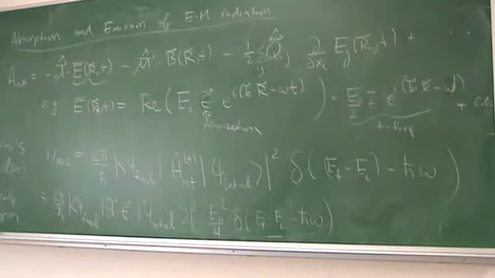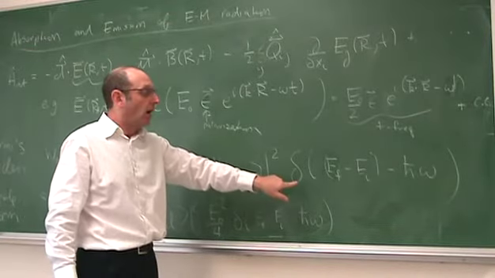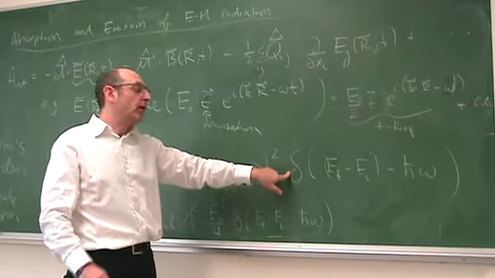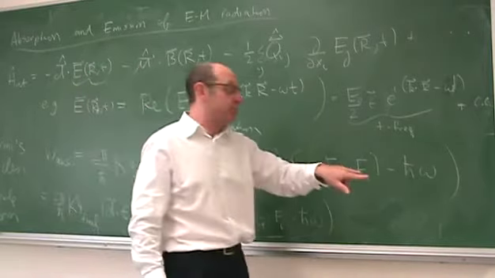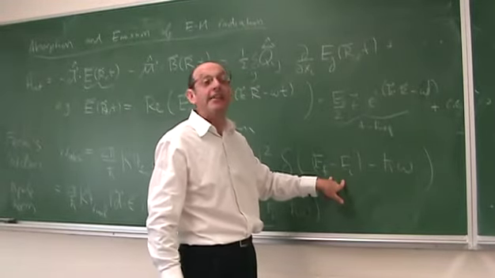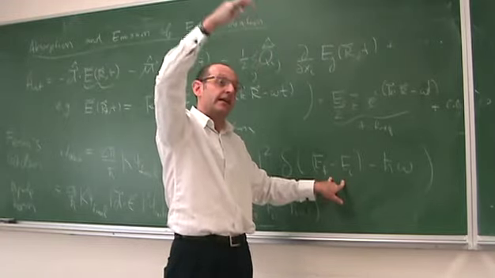Now, as a little aside, of course, this delta function only has meaning when we have some distribution of energy levels because of a density of states. If we have some density of levels, if there are many different levels.